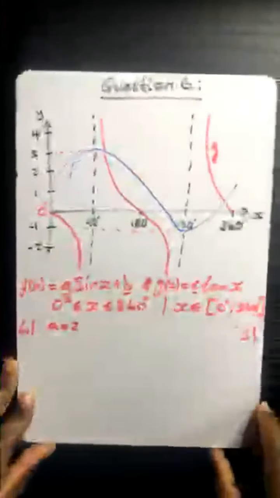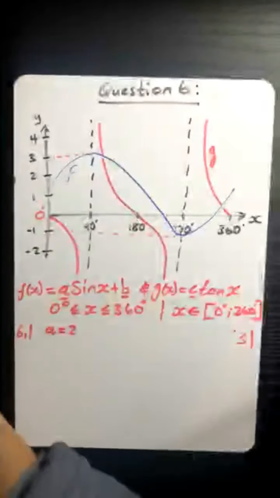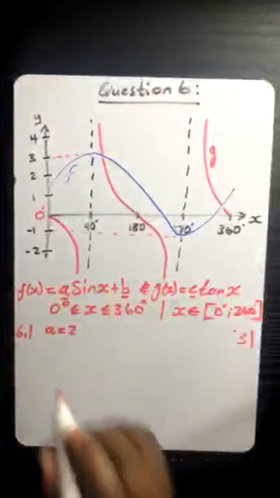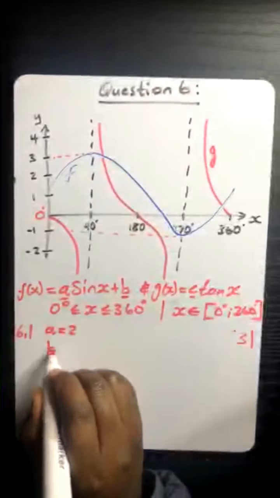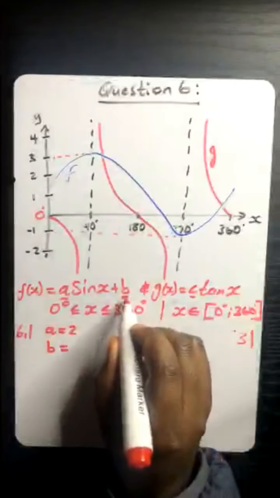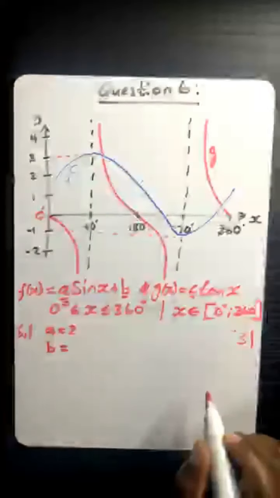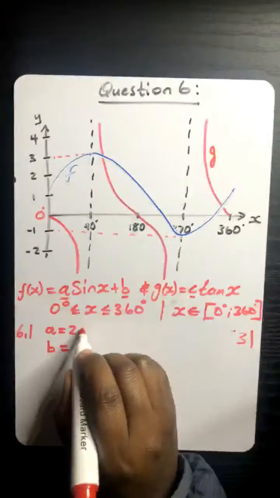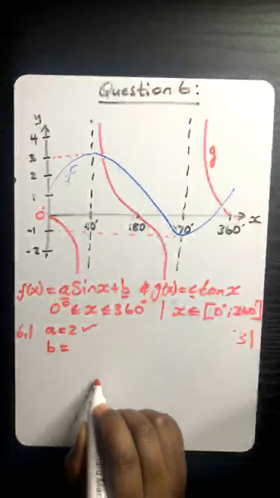Yes, sir. Okay, 100%. So now, when it comes to the B value, remember, the B value tells us more about the vertical shift. And this one we know it is the amplitude of the function.